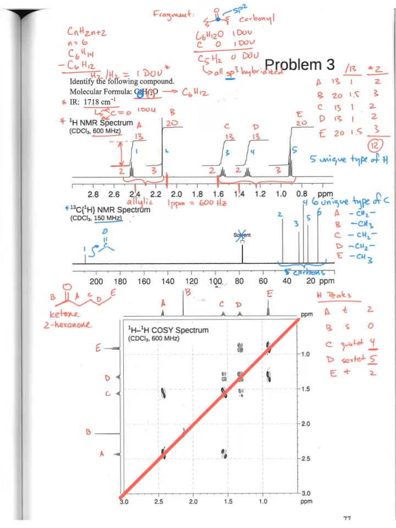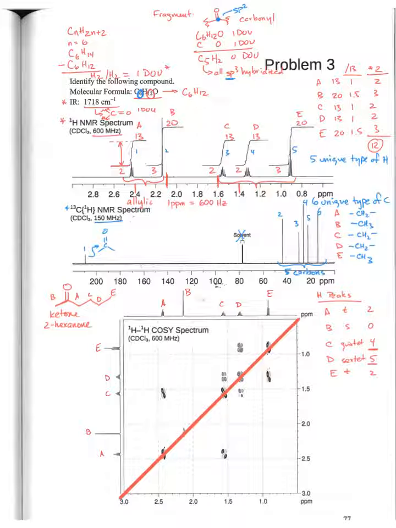So down the diagonal is a thick red line, which basically means the two projections on that line are identity. So E is E, D is D, C is C, B is B, A is A. What I'm going to do now in the blue marker here is draw a cross peak that crosses that line.